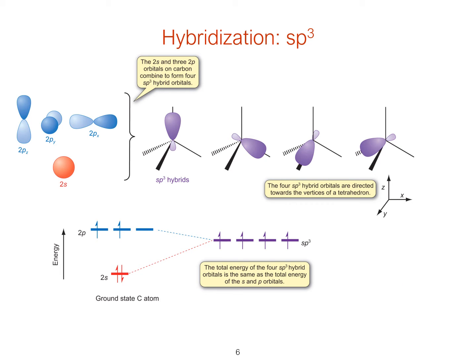One final thing to come to with valence bond theory that's quite important for shape, and especially the chemistry of carbon, is hybridization. So this also helps with shape.